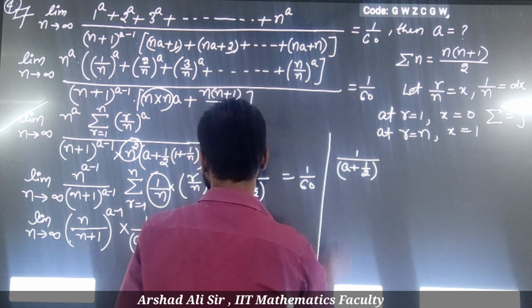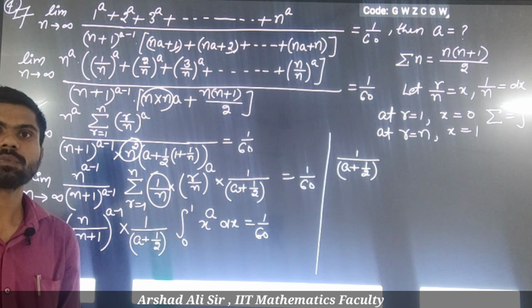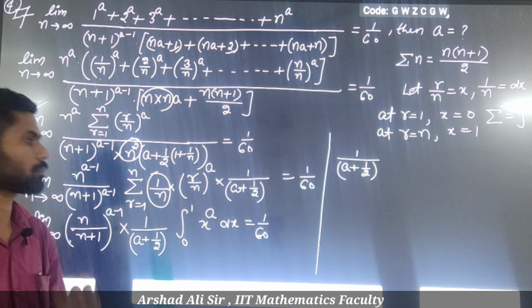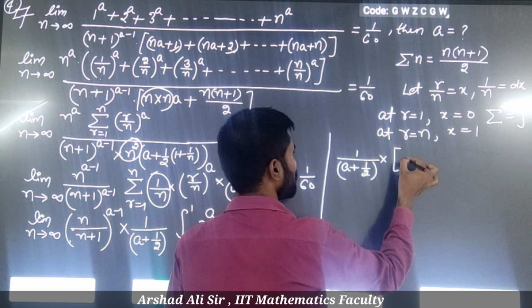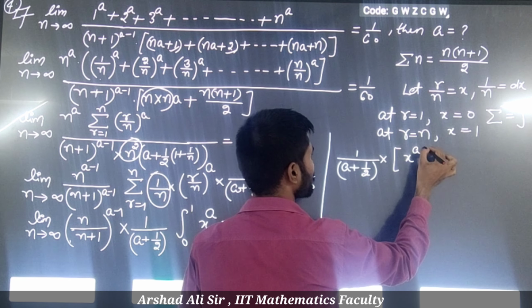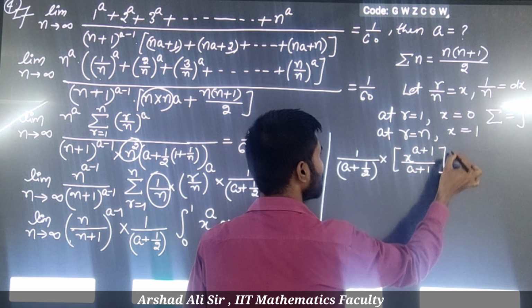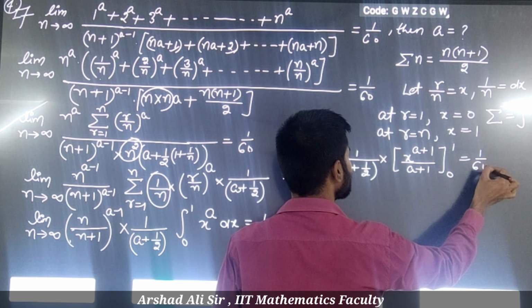Okay, and here what is the integration of x to the power a? What is the formula for the integration of x to the power n? x to the power n plus 1 divided by n plus 1, but here the power is a, so x to the power a plus 1 divided by a plus 1, upper limit 1, lower limit 0, is equal to 1 by 60.